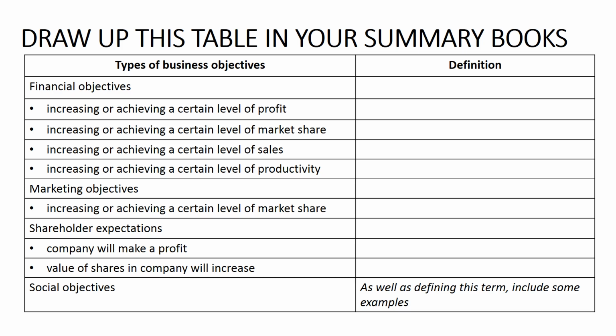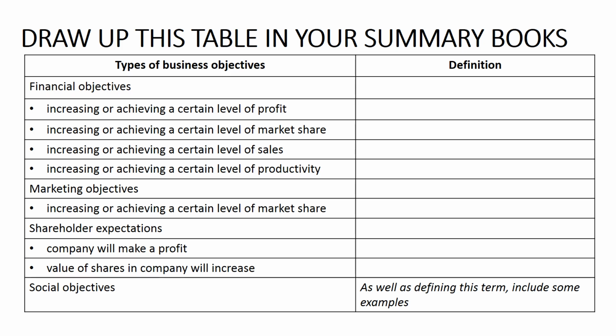For the purposes of helping you to summarize the information that follows, I want you to draw up a table like that on this slide in your summary books. You'll see that this table has 2 columns. In the first column, you'll be listing the different types of business objectives. That is, financial objectives, marketing objectives, shareholder expectations, and social objectives.